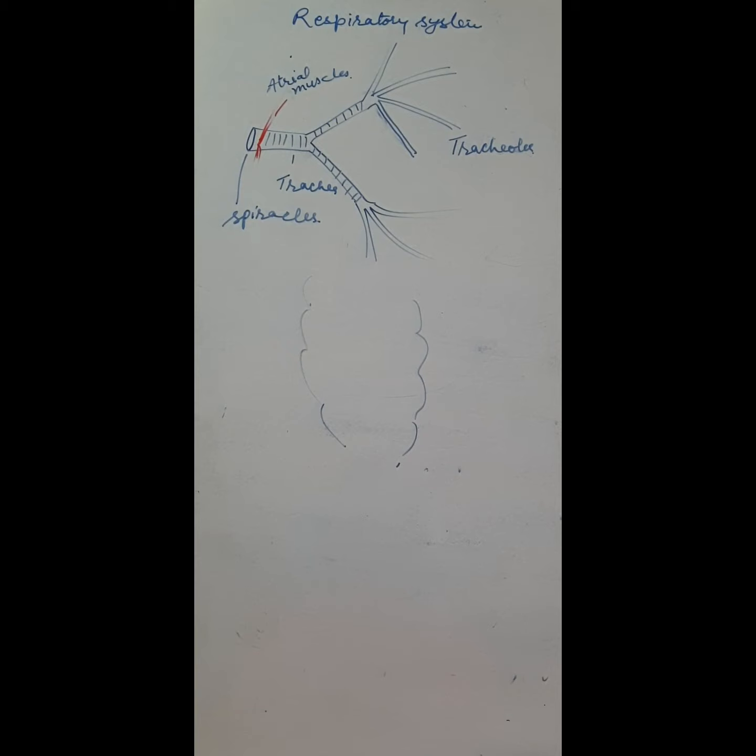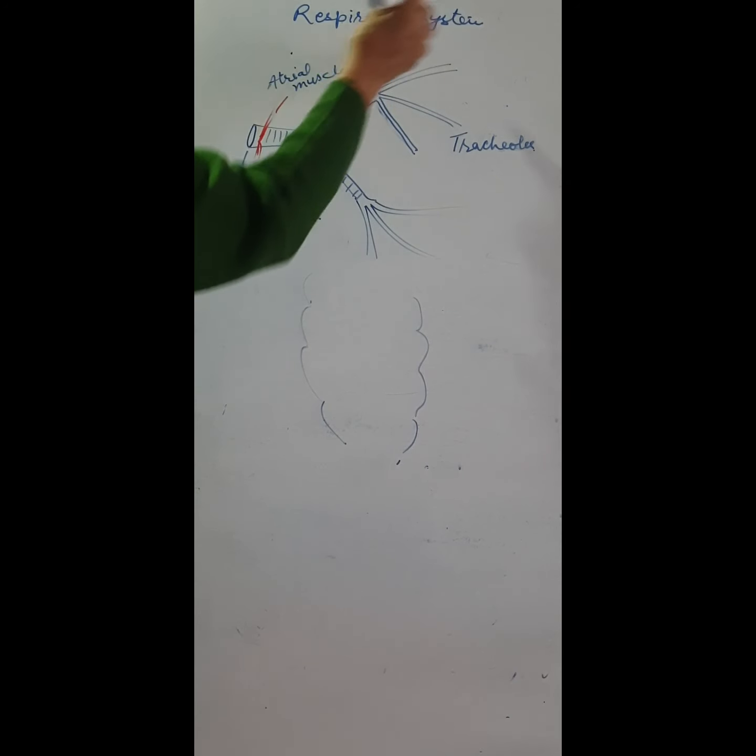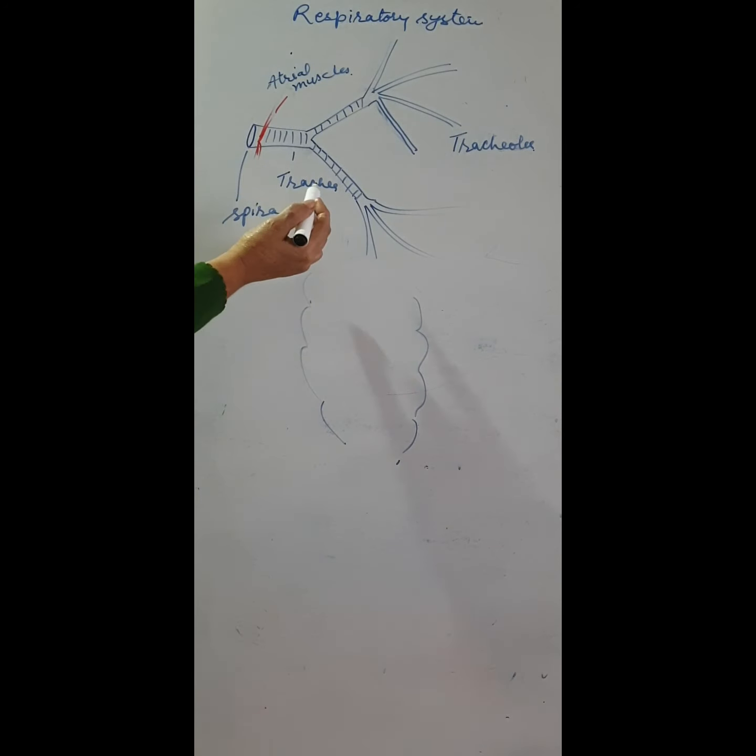The respiratory system we will discuss now. The respiratory system consists of fine tubes which have openings outside. So simply we can say the respiratory system consists of tracheoles and the openings, spiracles, or we can call them stigmata.